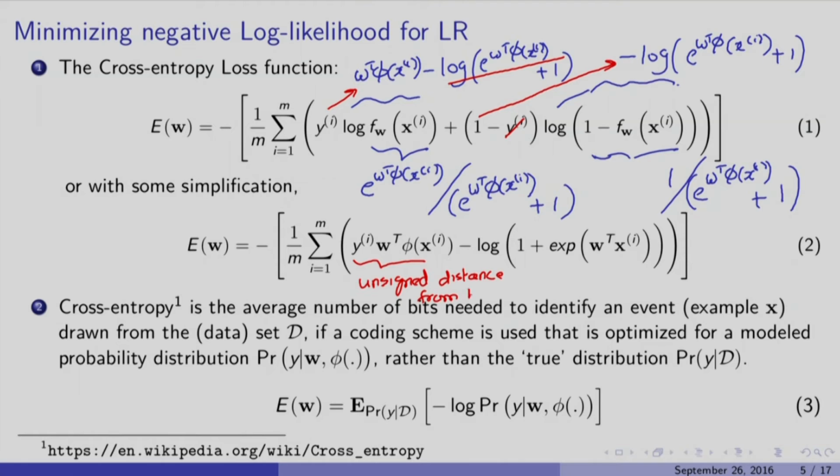Of course now our yi's are between 0 and 1, so semantics have slightly changed, and we also have this minus log expression. So basically this is the modification incurred because of the probabilistic interpretation.